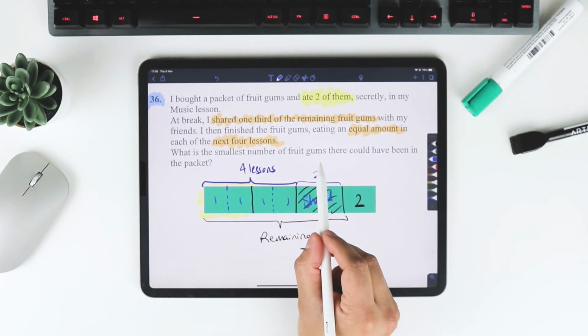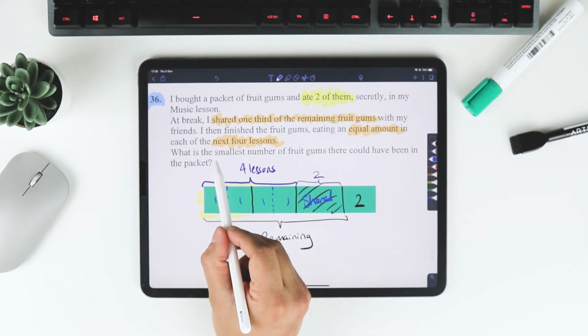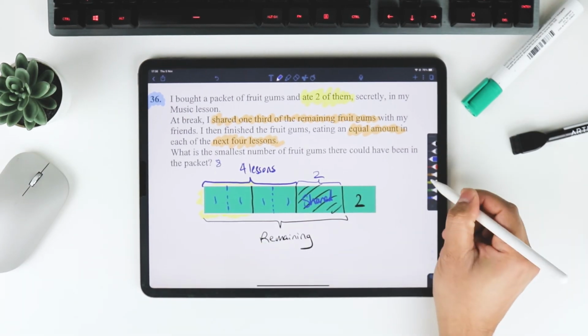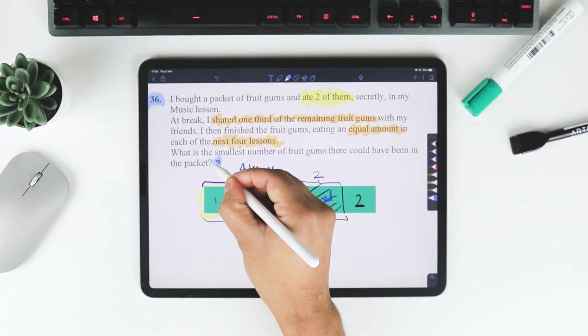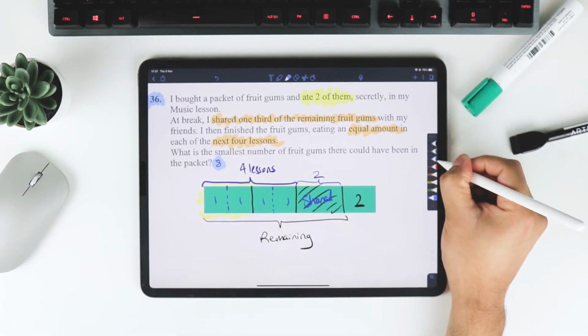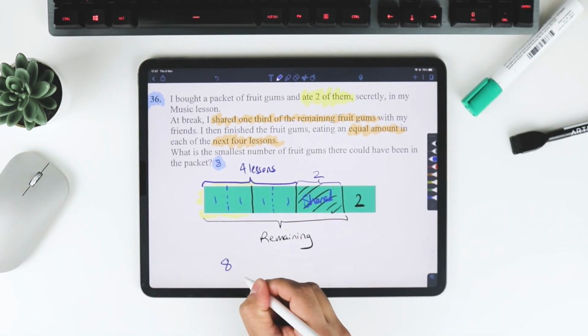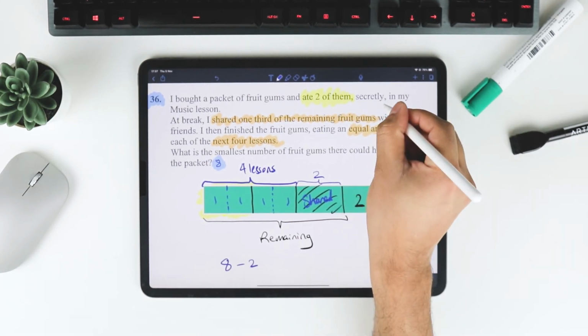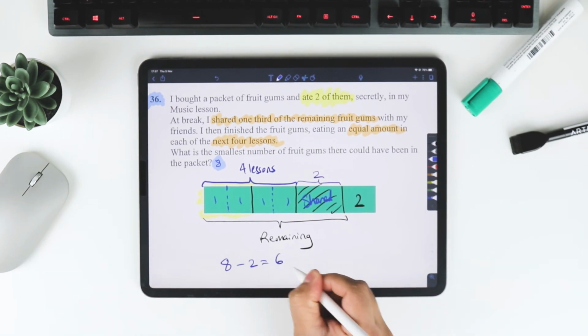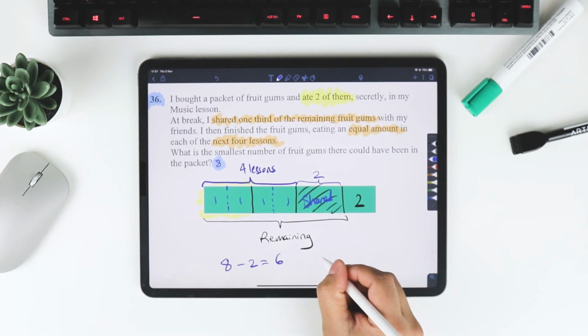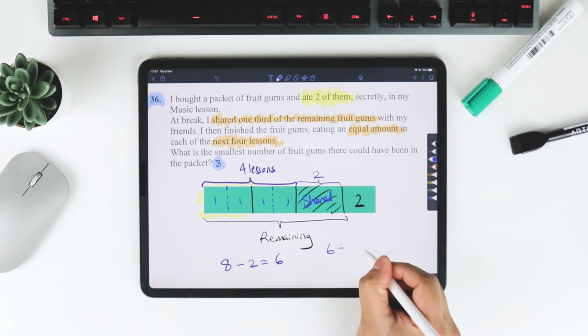What is the smallest number of fruit gums there could have been in the packet? 8 is the answer we're going to go with, so let's go through this to check it's right. If he had 8 to begin with, he had 2 secretly in the music lesson. He's got 6 left. Then at break, he divided the 6 remaining into thirds.